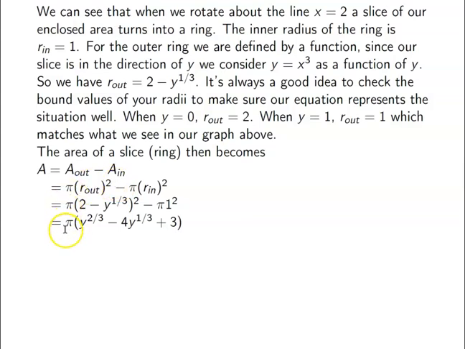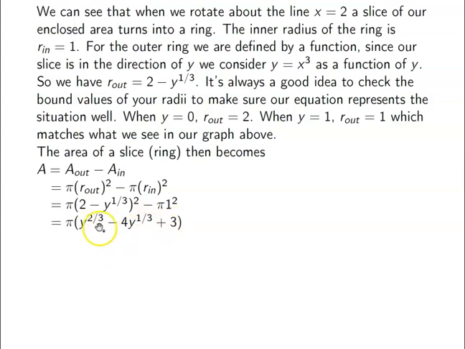So at first I pulled out the pi, and then I just went ahead and expanded this. So 2 times 2 is 4, minus the 1 is why I have 3 here. Y to the 1/3 squared makes it a positive, so I have y to the 2/3. Then you can multiply these two together and double it, so that's why I have minus 4 y to the 1/3. Okay, so this makes sense to me.